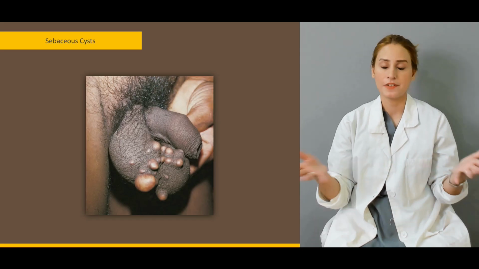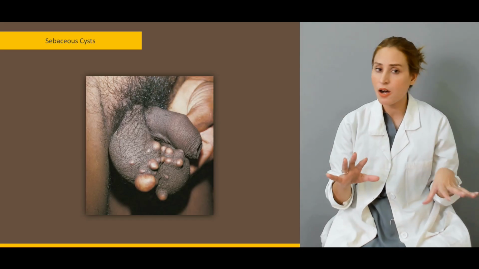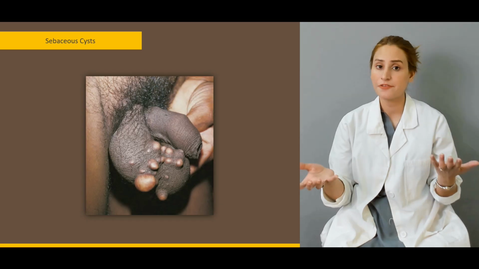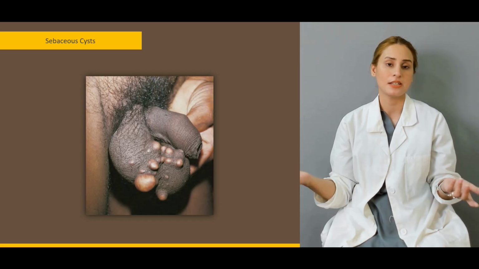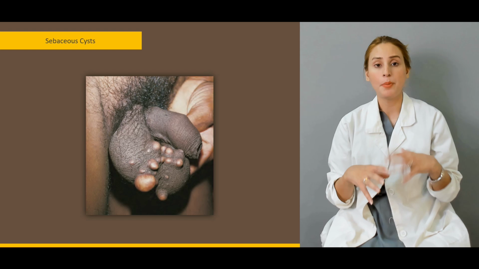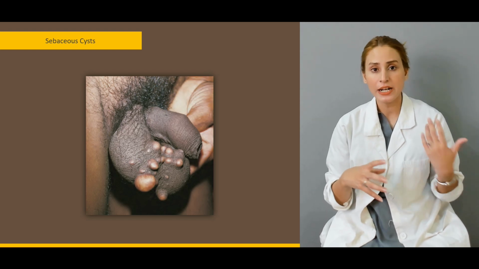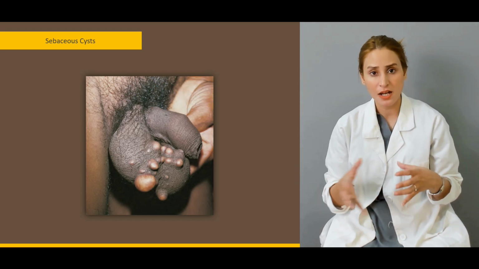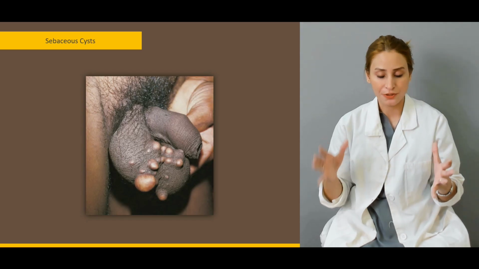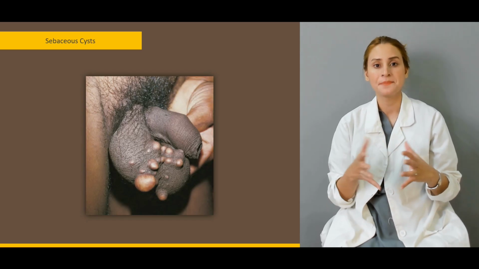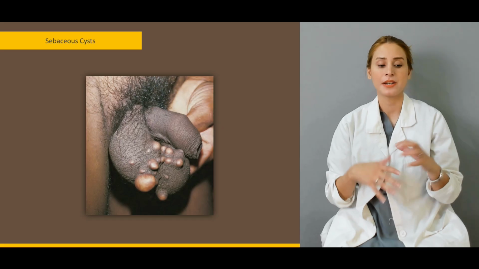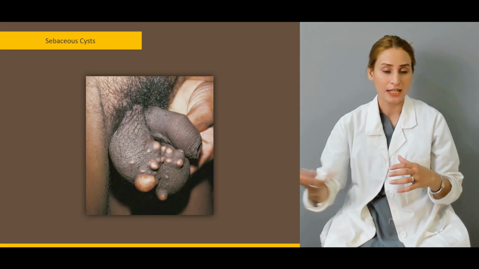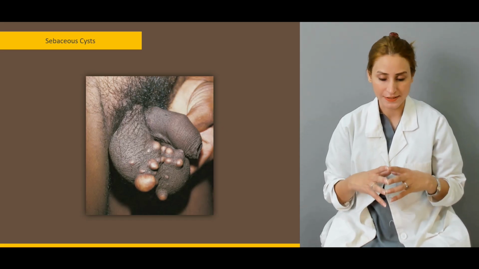So if it is a small sebaceous cyst, not affected and not causing any pain, it can be left untreated. But if it is infected, first you give antibiotics and put the patient on conservative management, and when the infection has settled, you excise the sebaceous cyst.